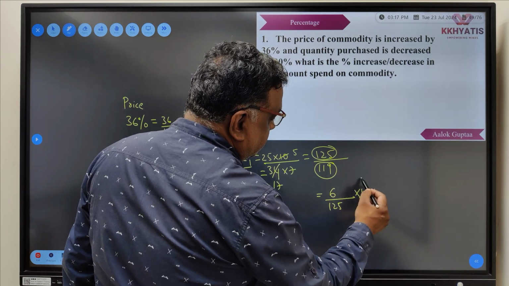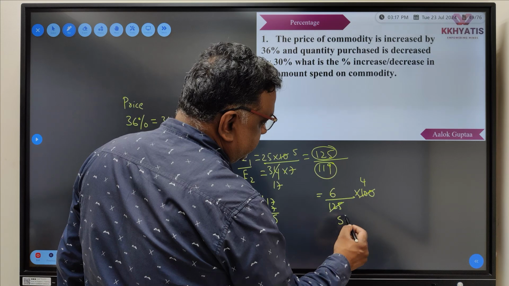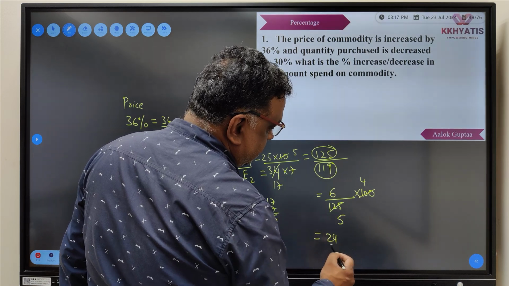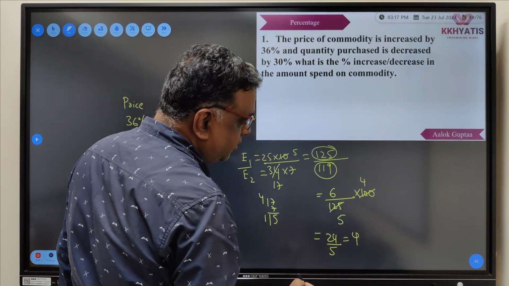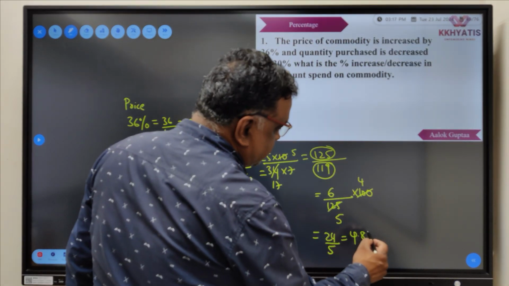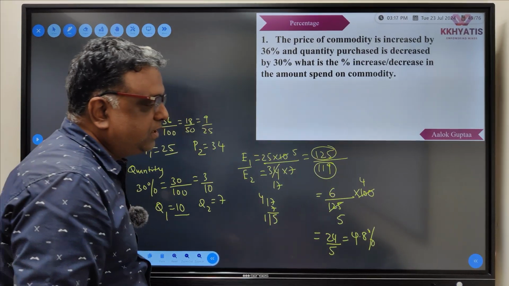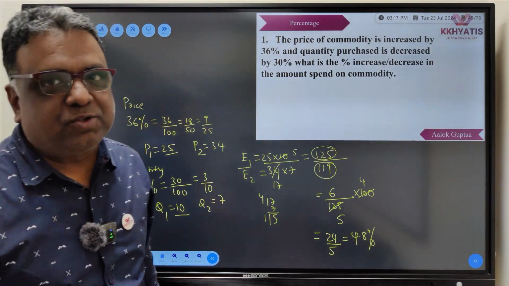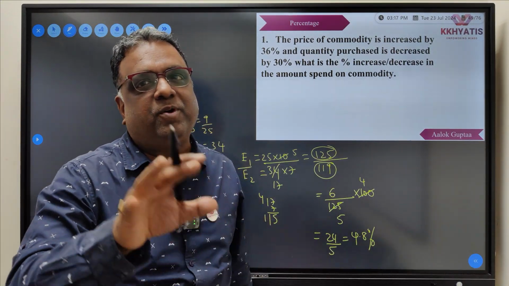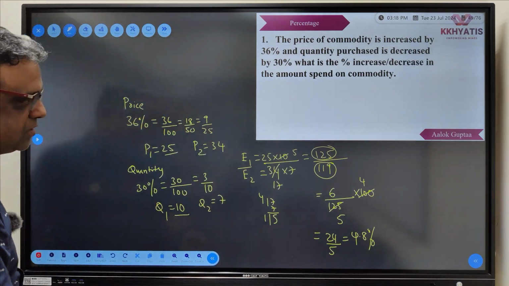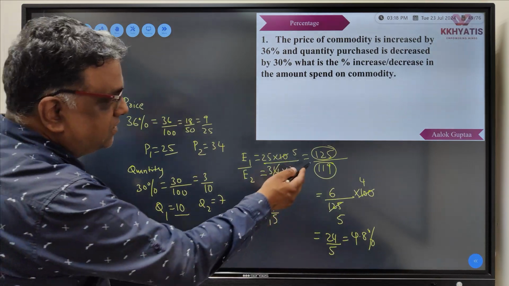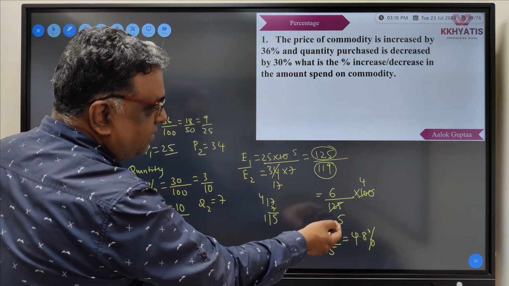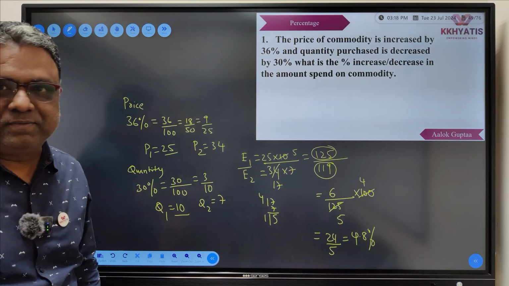This will be 24 upon 5, so this will be 4.8%. So my expenses decreased by 4.8%, because earlier it was 125, now it is 119. There was a decrease of 6 over 125 into 100, which is 4.8%. Clear?